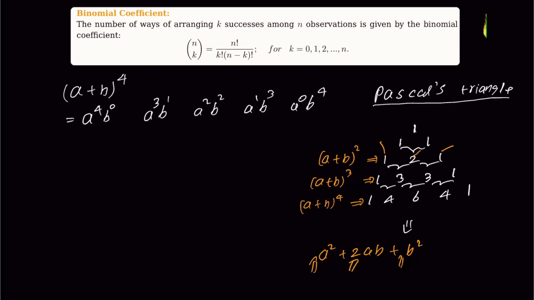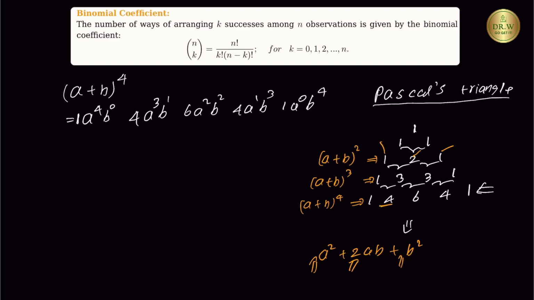Then we need to find the coefficients. So go to the Pascal triangle here. The first coefficient is 1, therefore here 1. Next one 4, here 4. Next one 6, 6. Next one again 4 and then 1. So these are the coefficients from the Pascal triangle.